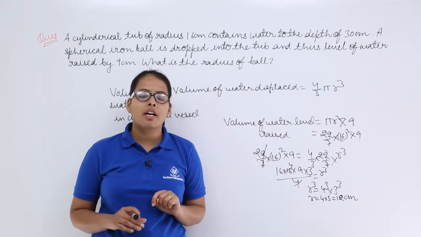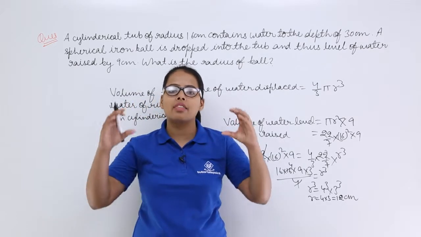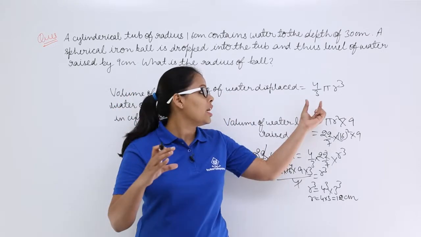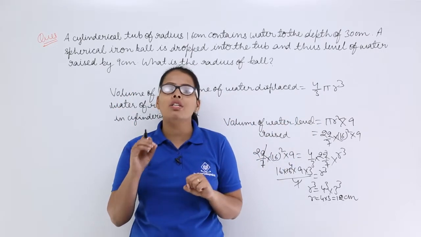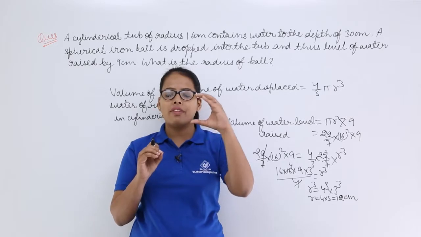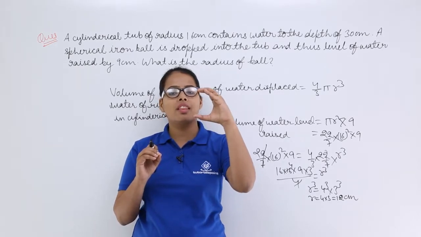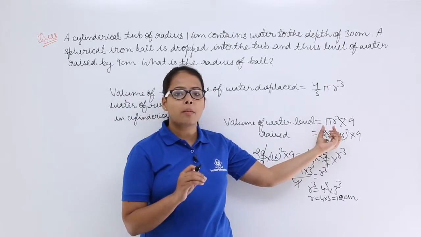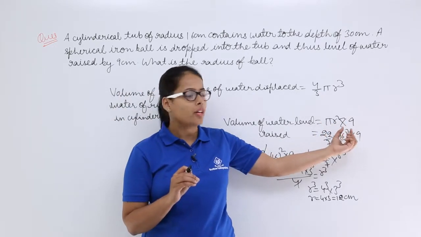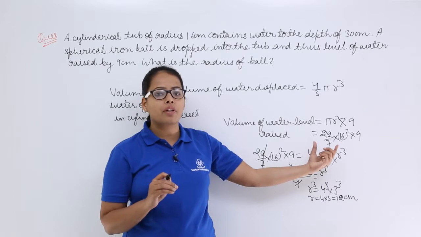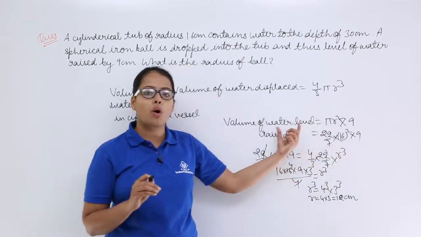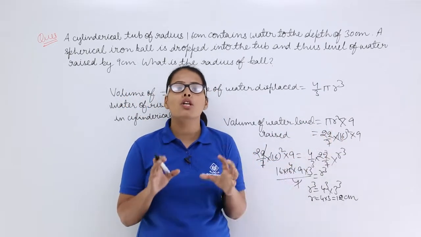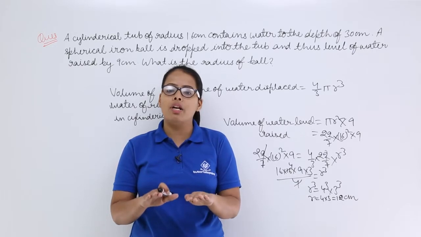After that, we have a cylindrical vessel and the rise in water level after immersing this spherical ball was 9 centimeter. So I calculated the volume of the water in that level, which was 9 centimeter. So our base is pi r square into 9. Then we equated the volumes of water, because the volume of water will remain conserved.